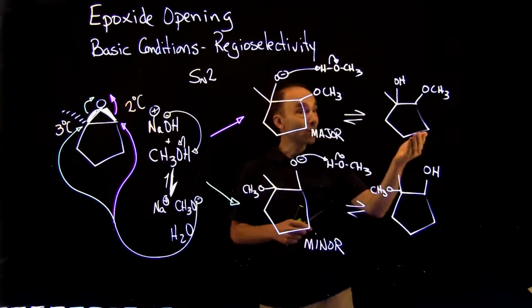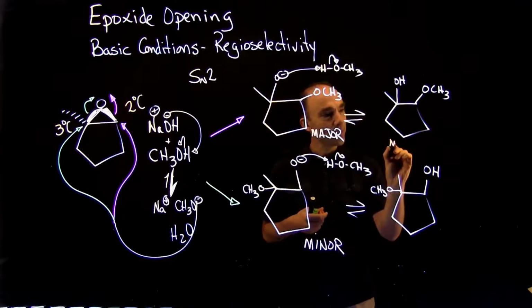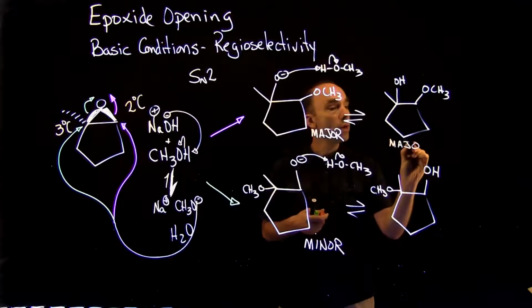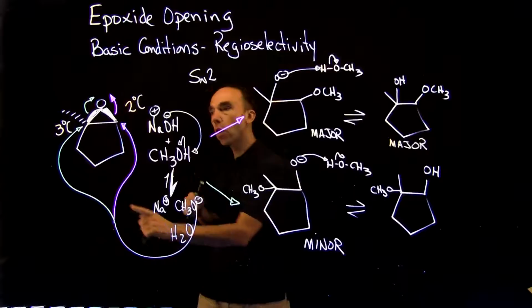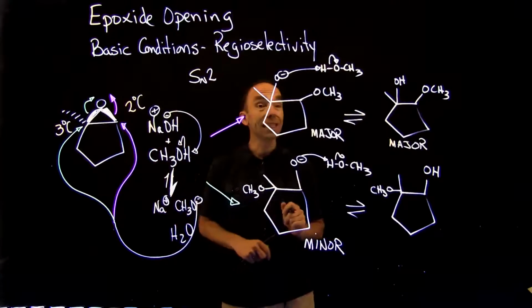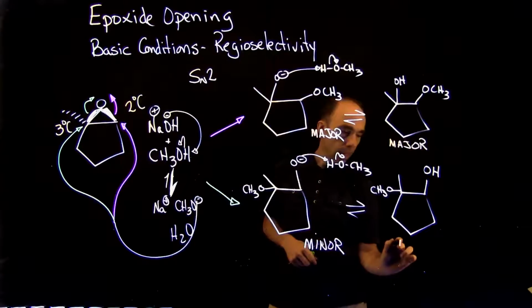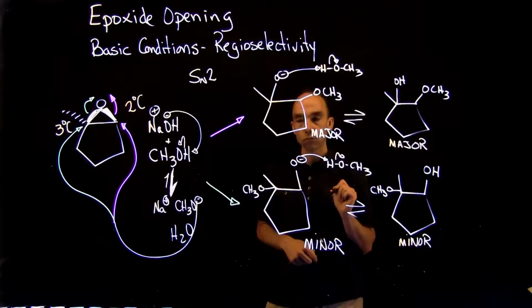Therefore, the major product is the product derived from the major intermediate. So that is the major product with the addition of the nucleophile in basic condition on the least substituted carbon because it's the most accessible carbon. And I can write here again that this is the minor product.